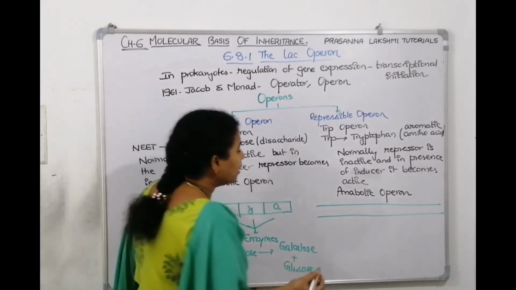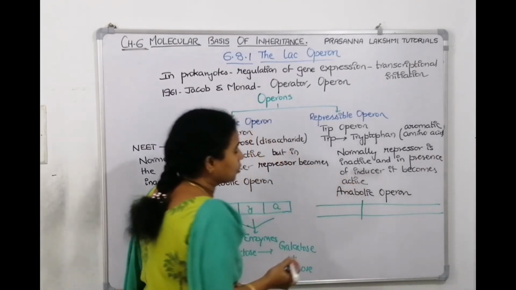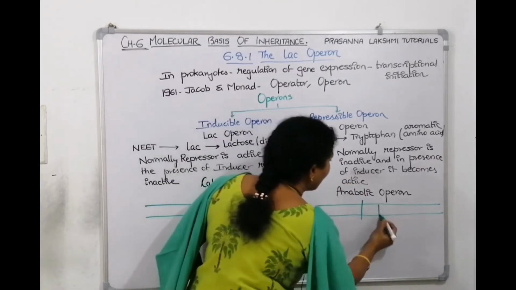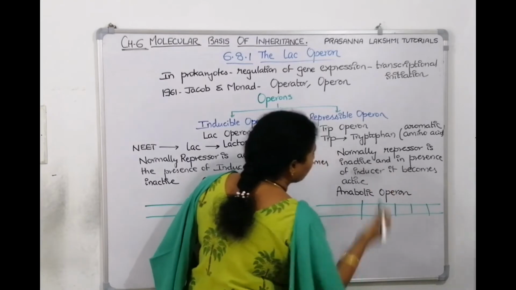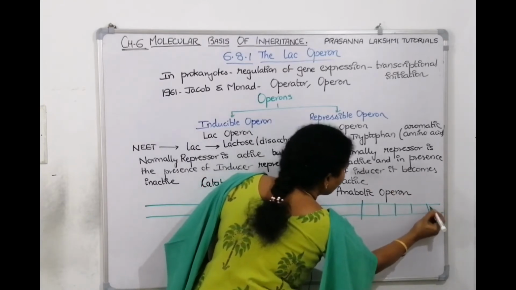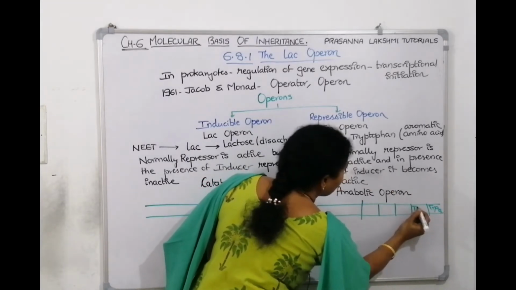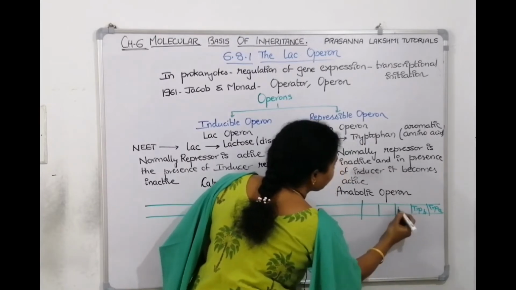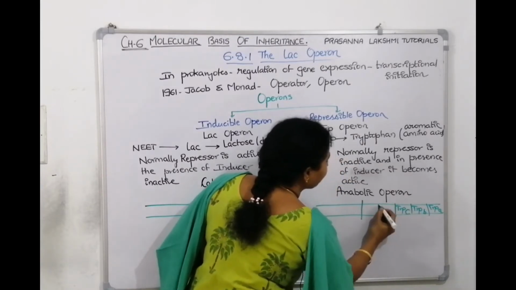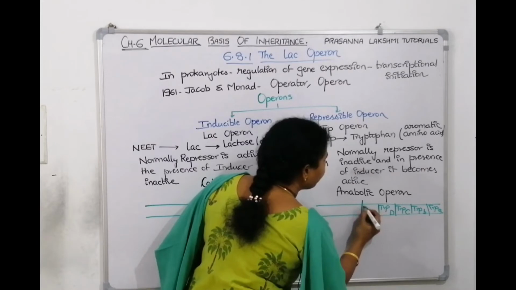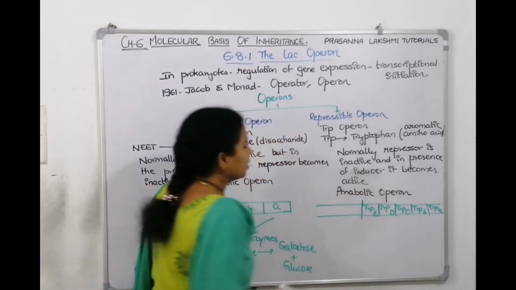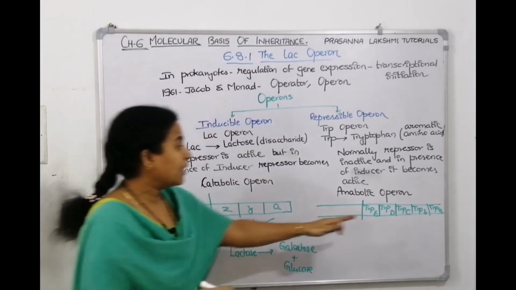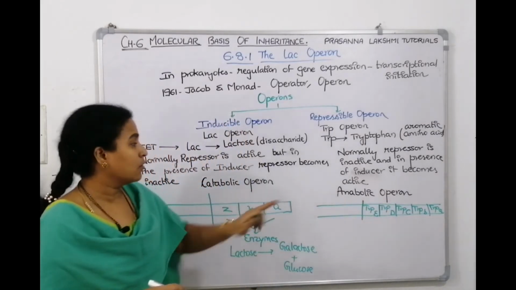Whereas in anabolic operon, the structural gene has 5 parts. So 1, 2, 3, 4, 5. We'll call them tryptophan A, tryptophan B, tryptophan C, tryptophan D, tryptophan E. Here it is ZYA only, but there they are A, B, C, D, E in that order. Okay.